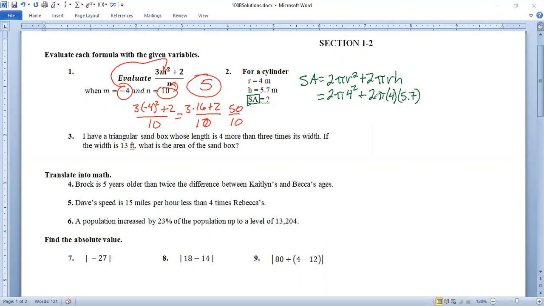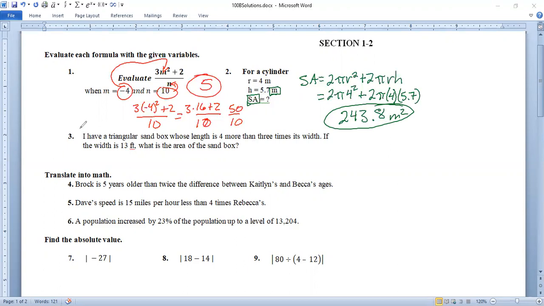And we end up with 243.787. So we can put a 0.8 there. And notice that we're in meters, so this surface area will have to be meters squared. Areas are always something units squared.